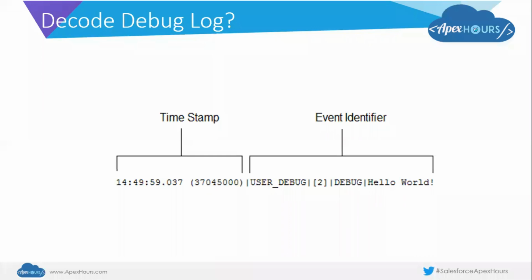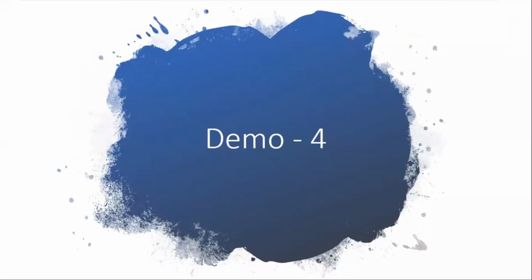So let's go ahead and see the demo of how we can set up a debug log along with the logging level and see the debug logs from the Developer Console and directly from Salesforce. Let me go back to my Salesforce.